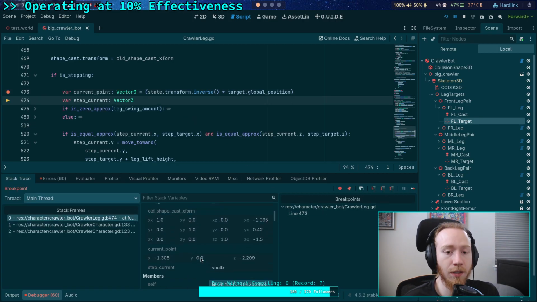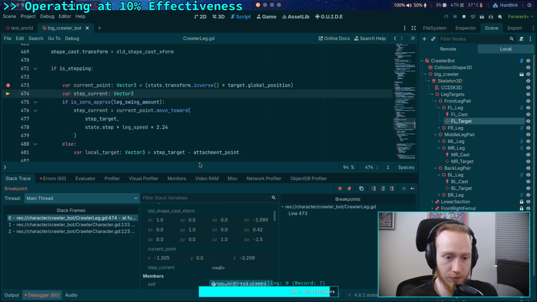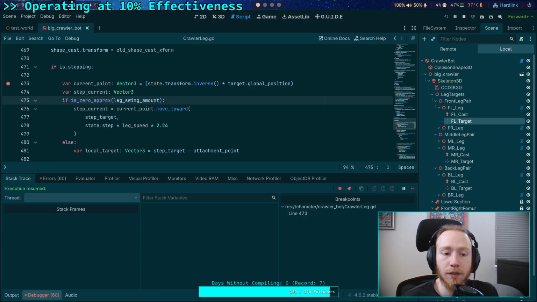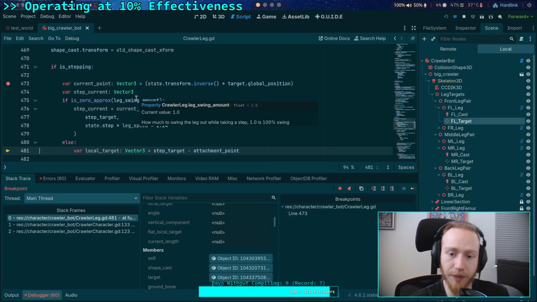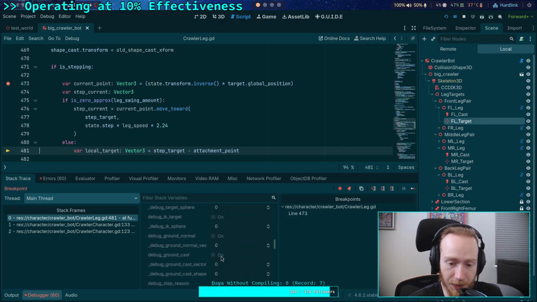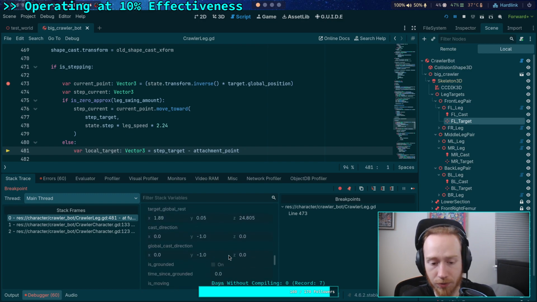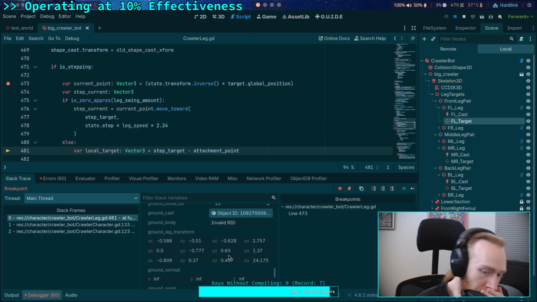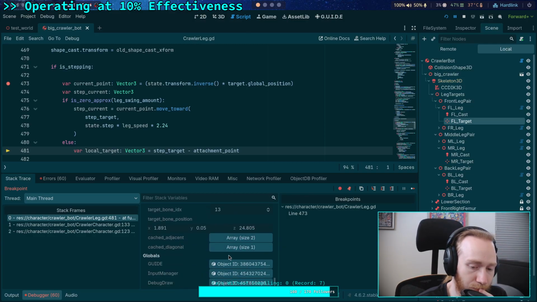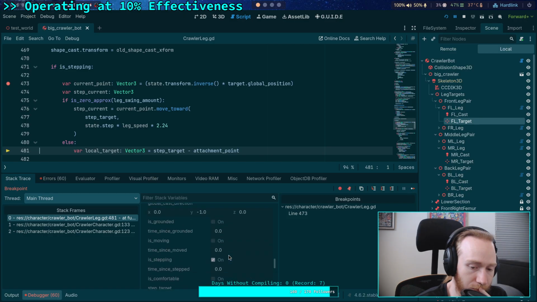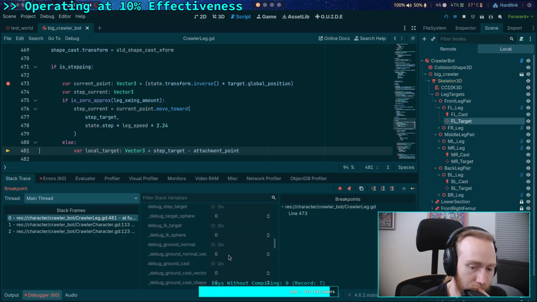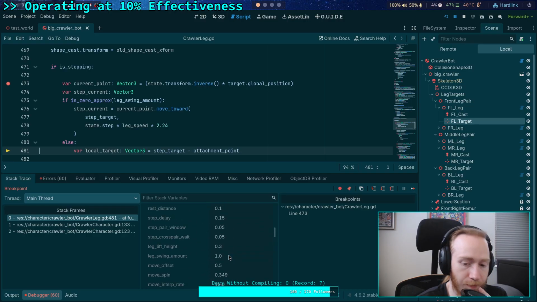Current point. That seems... Okay, no, it's relative to the body, so that's right. Okay, so leg swing amount. I don't think this is ever correct. It says it's 1.0, but that could just be not true. Oh, there it is, 1.